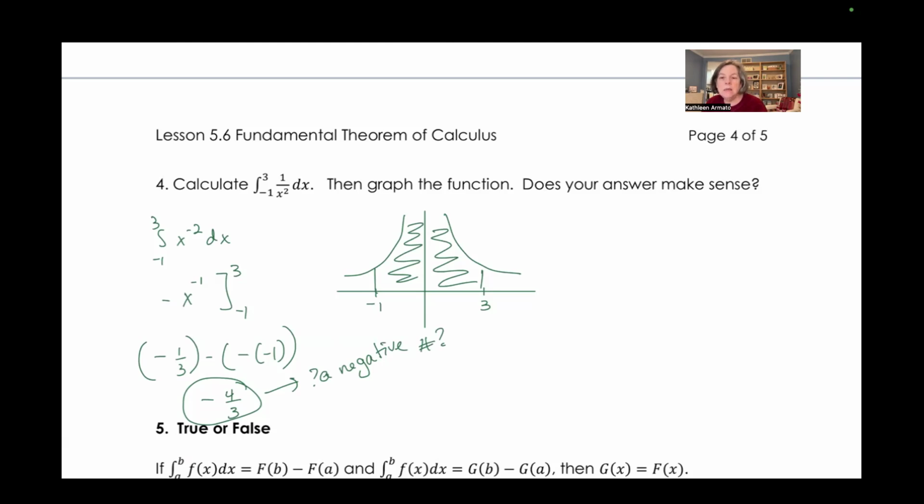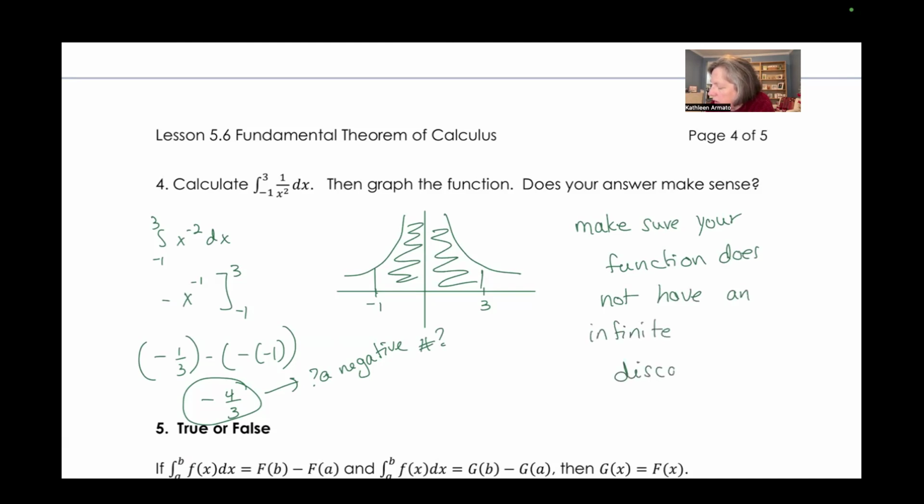If it does, you cannot use this shortcut method. So make sure your function does not have an infinite discontinuity in the interval that we're looking at. Okay, so that's an important rule.